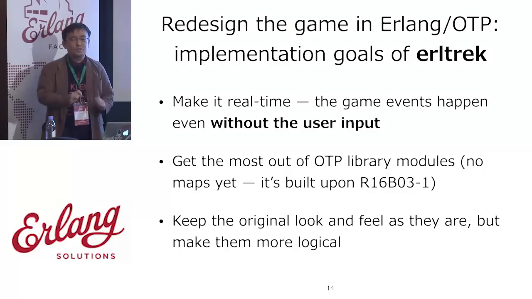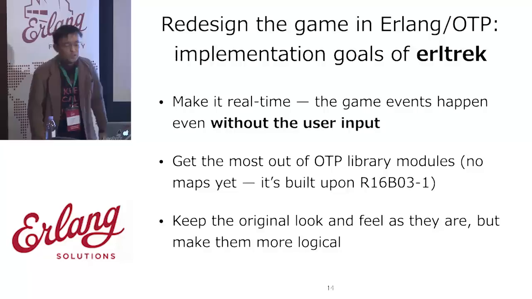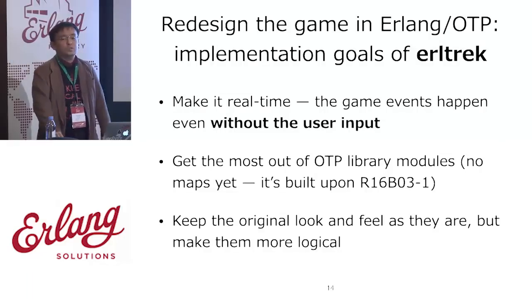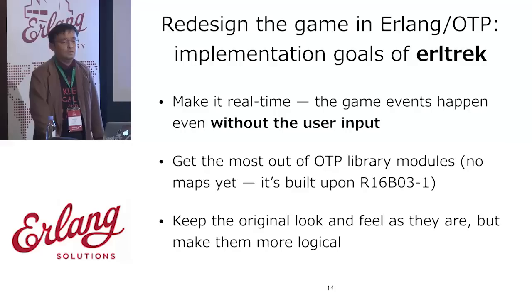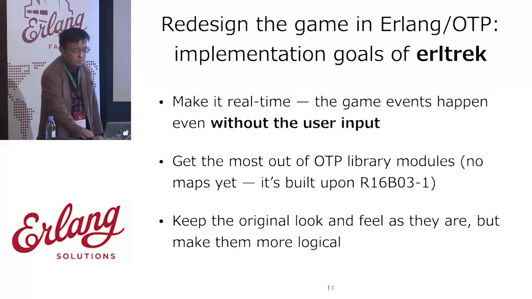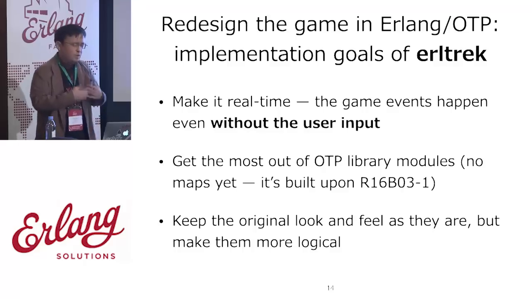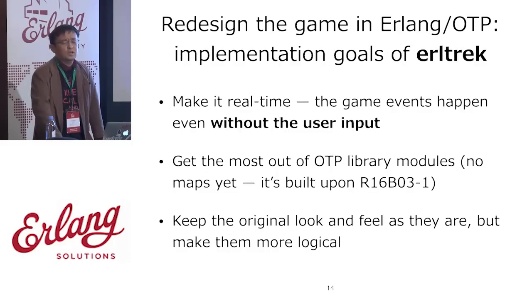So if you write something with a clear understanding of dict, you can convert it to maps later, I think. So it's built upon R16B03-1, the last release of R16, which is still the official release. And I'm repeating this maybe too much, but I'd like to keep the original look and feel as they are, because I really like it.